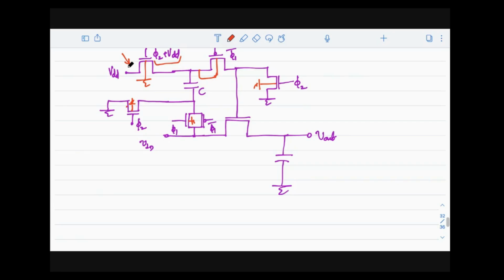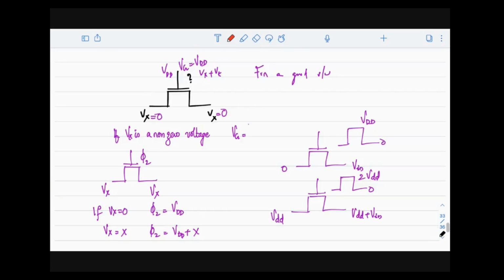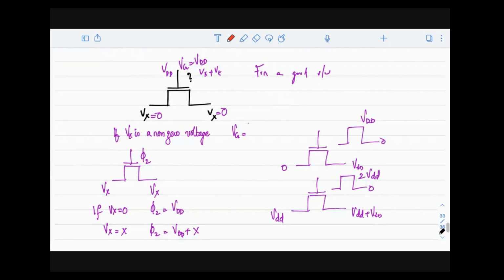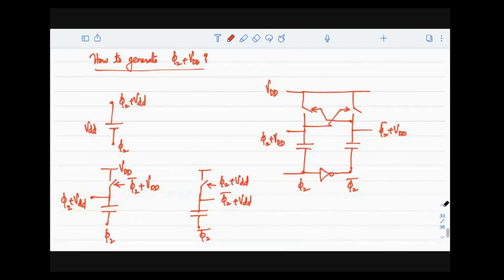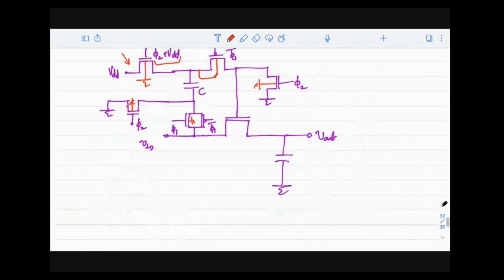So then we looked at the problem, and we identified that since the voltage I need to pass is VDD more than the input voltage, if I can raise the gate voltage to that level, even an NMOS switch can be used for that. So with that, we went for an NMOS switch by connecting the gate to phi 2 plus VDD.